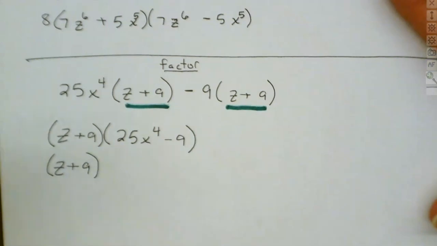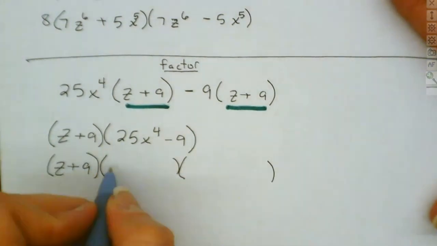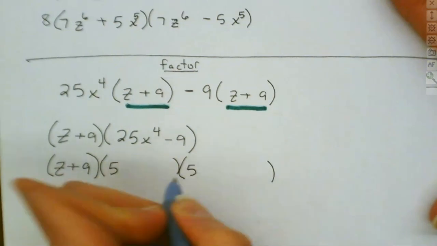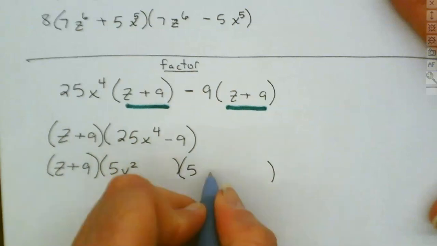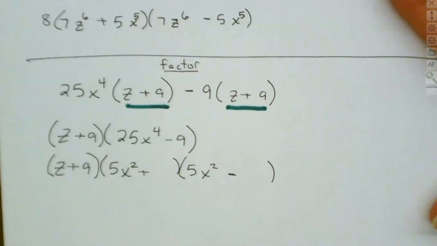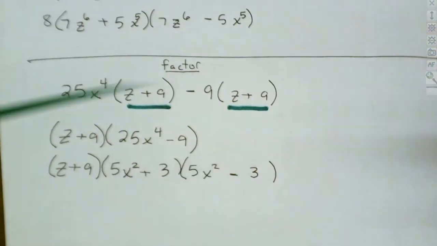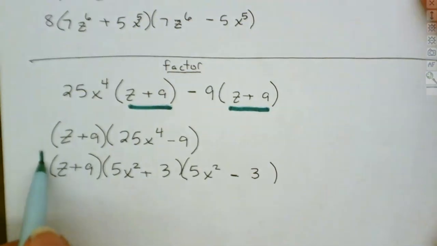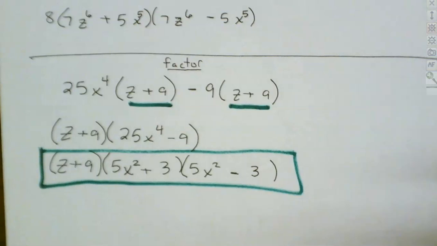It's done. But the 25 is a perfect square of 5 and 5, and x to the 4th can be split up into x squared and x squared. And we have a plus and a minus. And 9 is a perfect square of 3 and 3. And so that's it. This is our final, fully factored answer.